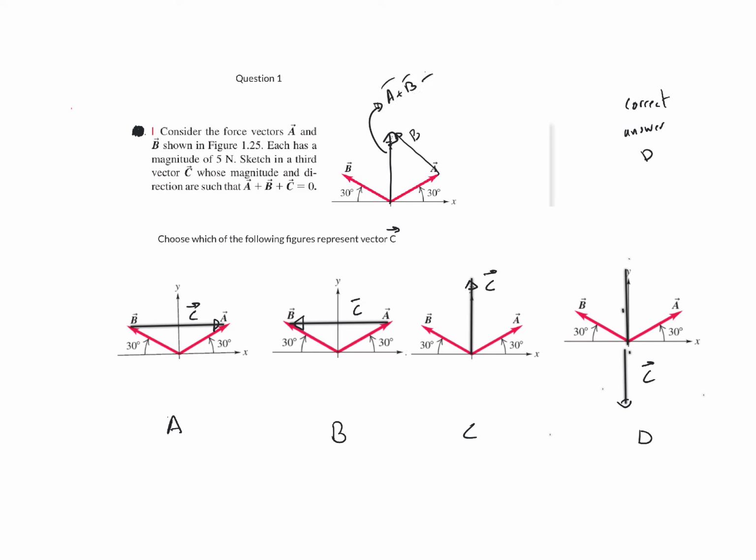Now I have to add a vector to produce 0. So the vector c that I need to add should be this one, the one that is going downwards. In this way, a plus b, this one, plus this one, will be 0. So this is the only possible expression.